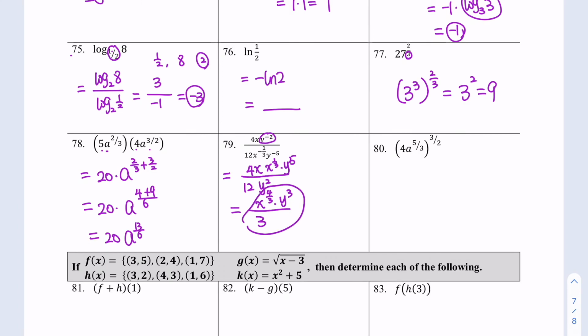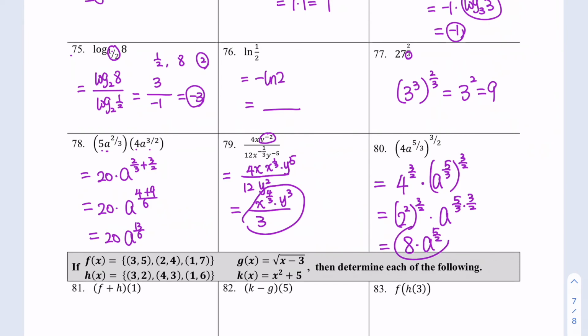Final answer. Last one equals 4 to the 3 over 2 times, we can distribute the power in. So this equals 2 squared, a to the 5 over 3 times 3 over 2. This is 8 times a to the 5 over 2.